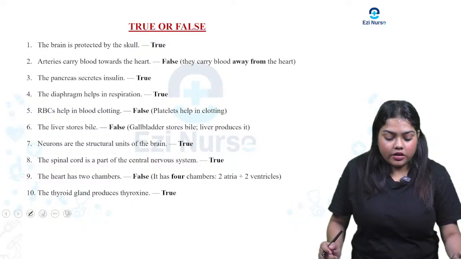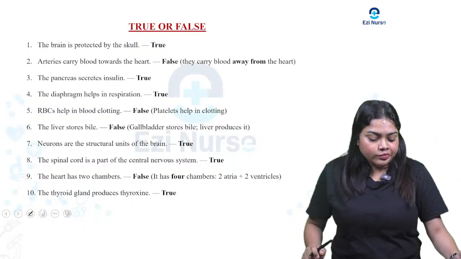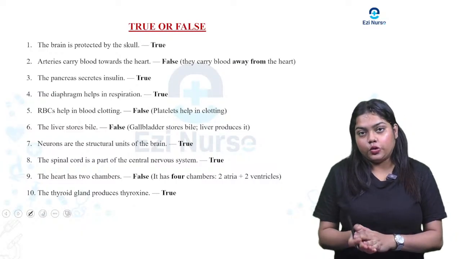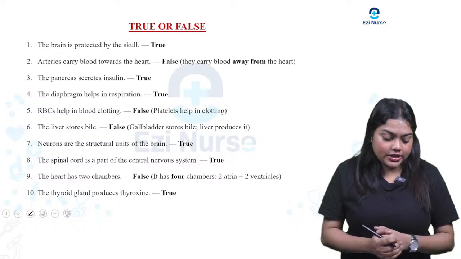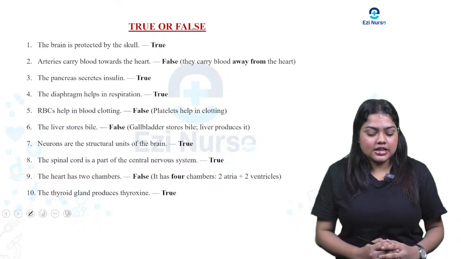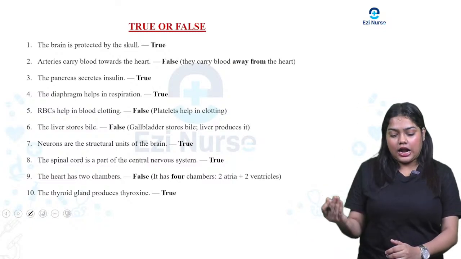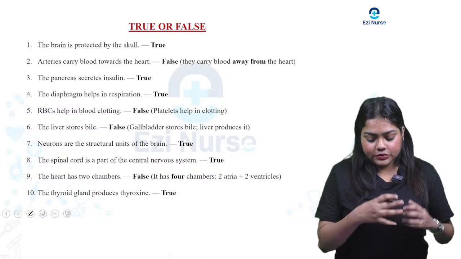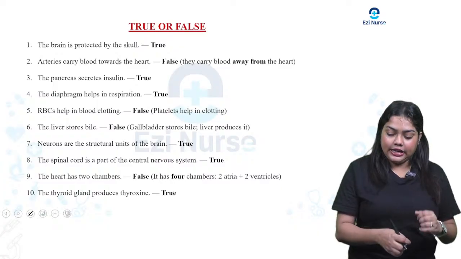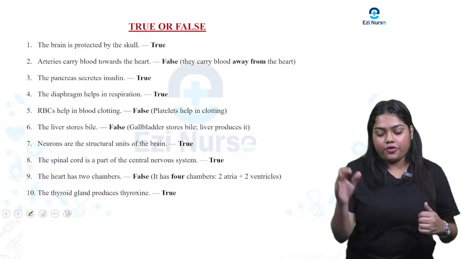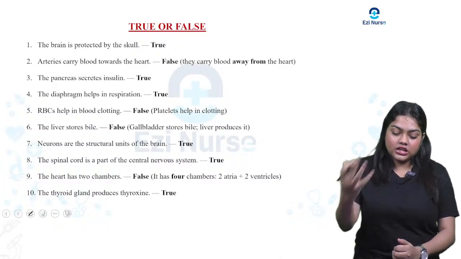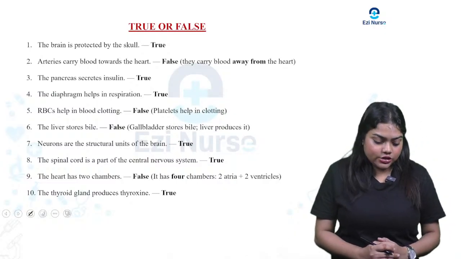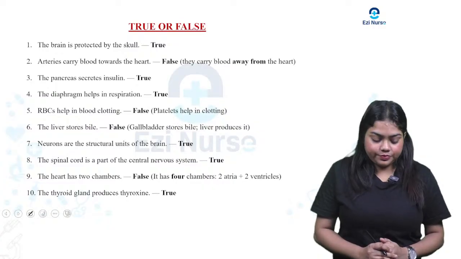The next one: the brain is protected by the skull, which is true. Next, arteries carry blood towards the heart, which is false, because arteries carry oxygenated blood away from the heart to the tissues. The pancreas secretes insulin, which is again true.